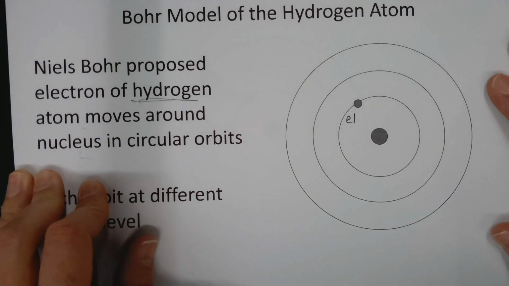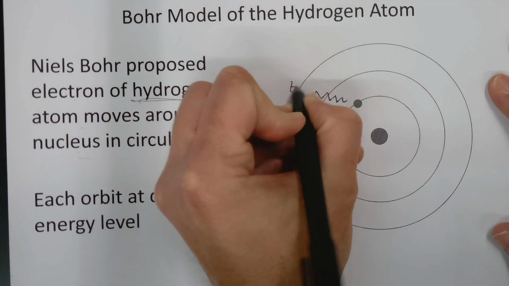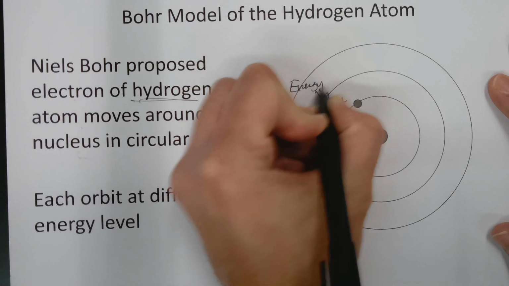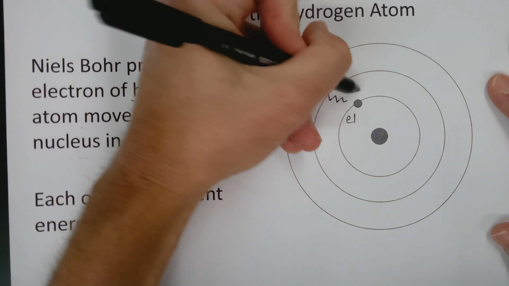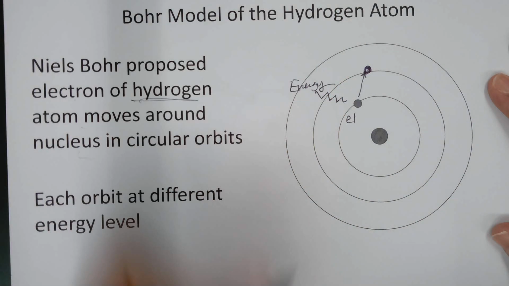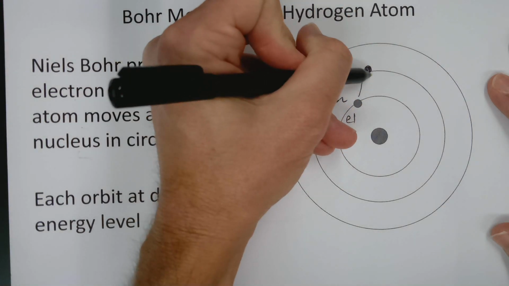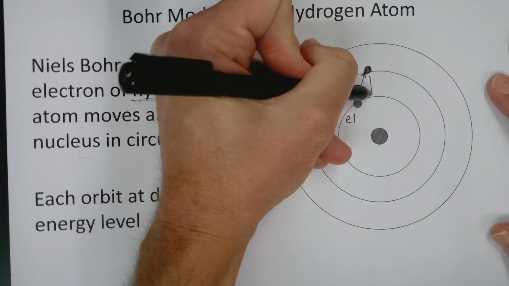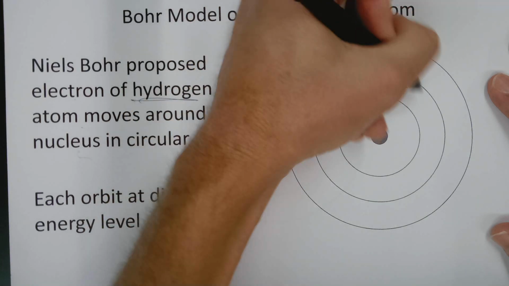And so what he proposed is that if we add energy to this electron, which is in the ground state, the lowest energy level, that can bump this electron up to a higher orbit energy level. And when this electron eventually returns back down to the lower energy level, it emits light.